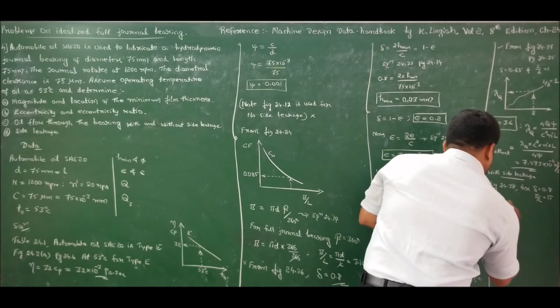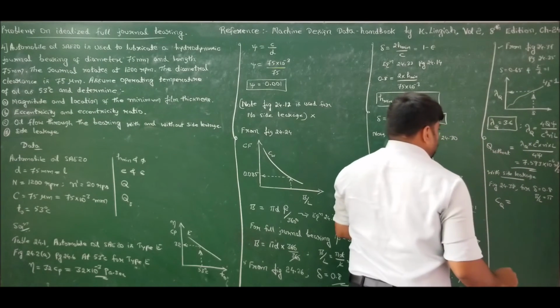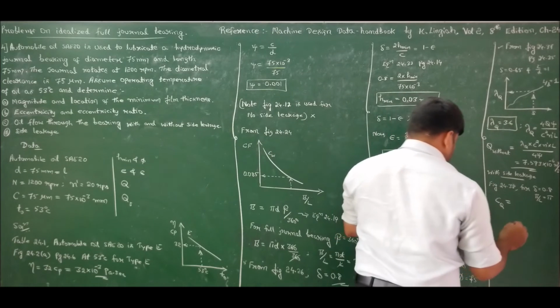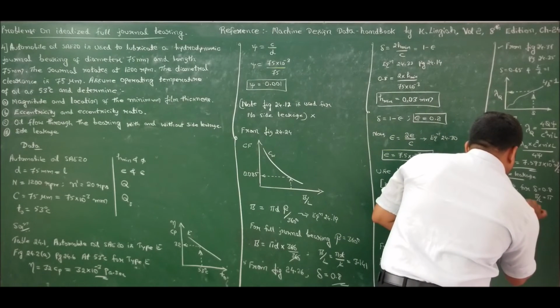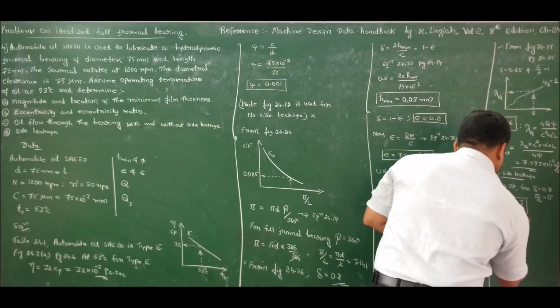We have the value of the ratio of flow with leakage to without leakage, which is found to be 1.3.